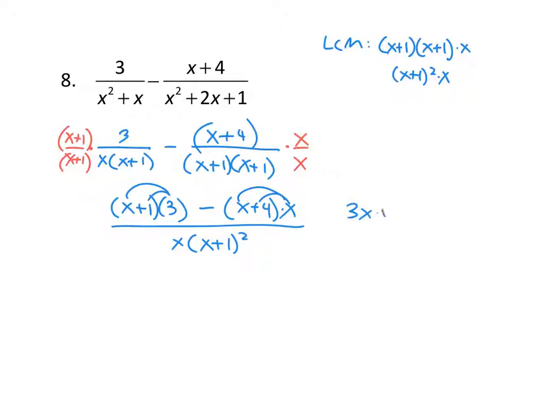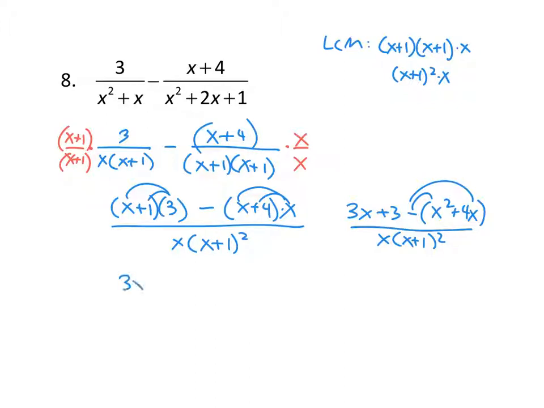and I get 3x plus 3. Now I haven't distributed my negative yet, so I'm just distributing the x, and I get x squared plus 4x. And now I'm going to distribute that negative to both of those terms.